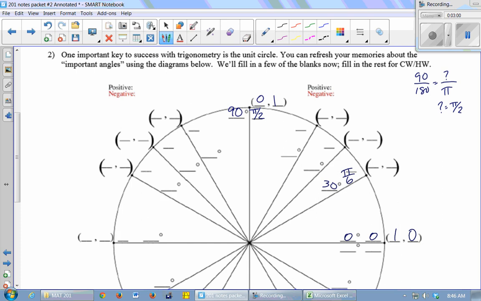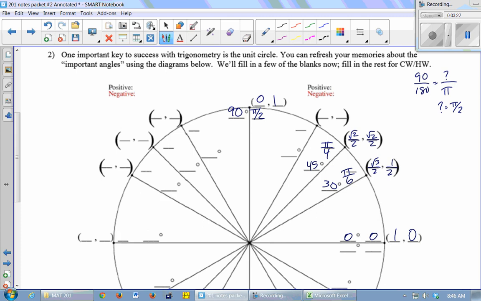And the coordinates of this point: root 3 over 2, 1/2. Good. And then the next line, that's 45 degrees, and it's pi over 4 radians. The coordinates of that point: square root of 2 over 2, square root of 2 over 2.